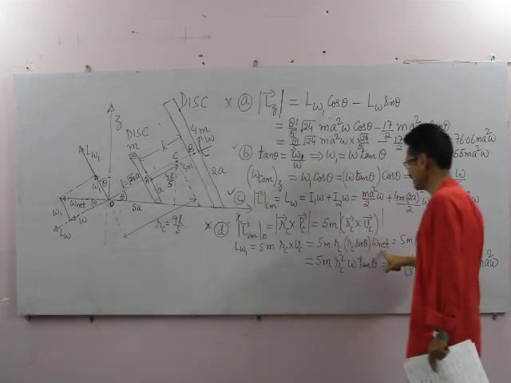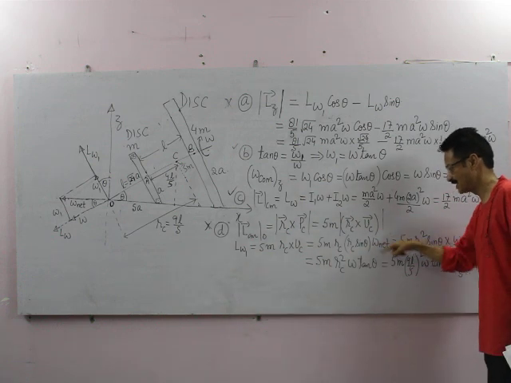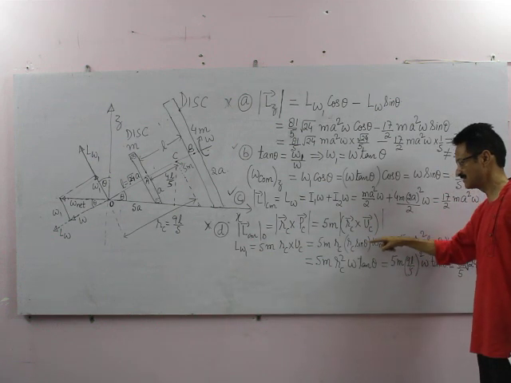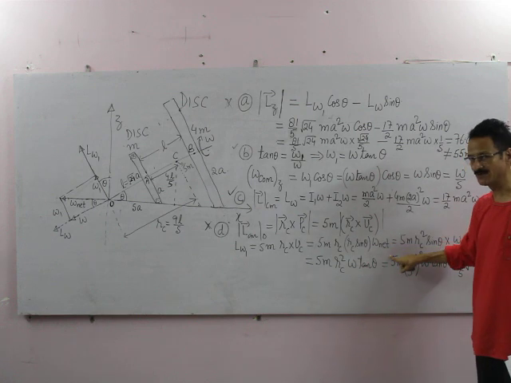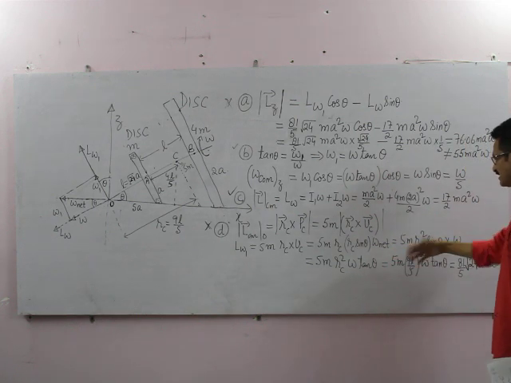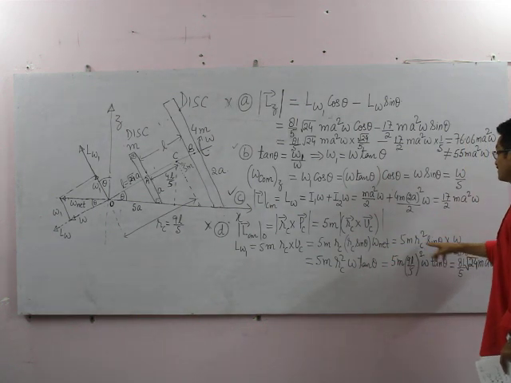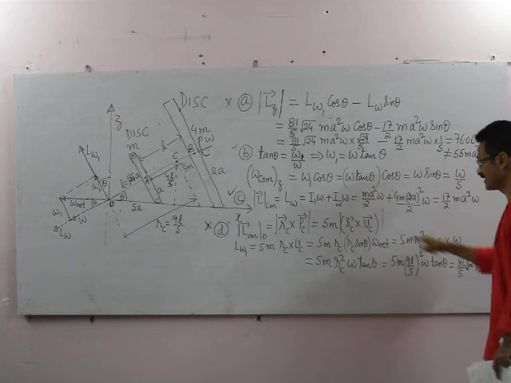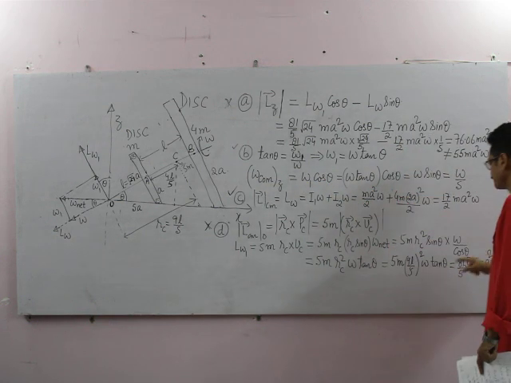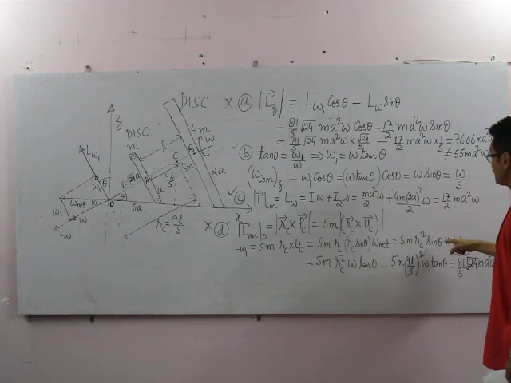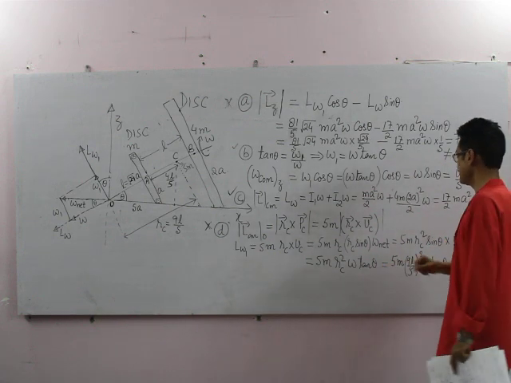So here it is, omega net. This is r omega. R is RC sine theta and omega is the net angular velocity. So in the next step, it becomes like this, because omega net is equal to omega by cos theta from that triangle. And then sine theta by cos theta is tan theta.